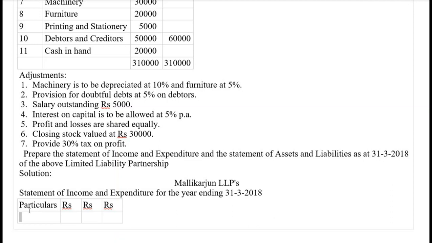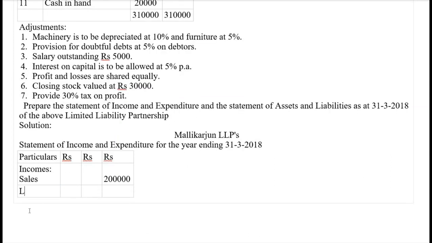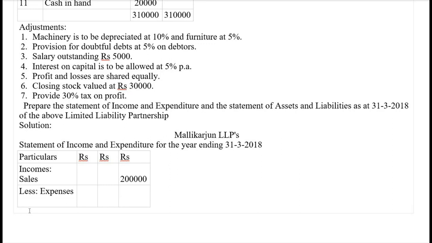Okay, let's start now. Incomes. So here sales, which is given in the problem as rupees 2 lakhs. Directly we shall take it to the outer column as it is 2 lakhs here. Then from this let's go on deducting less expenses. So here we have got purchases.